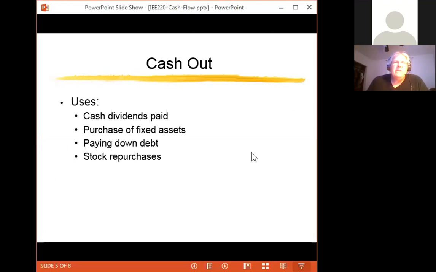So it's another way that we can increase the value of a business to its owners. Fewer owners, fewer outstanding shares, the same value now is spread against a smaller group of people.